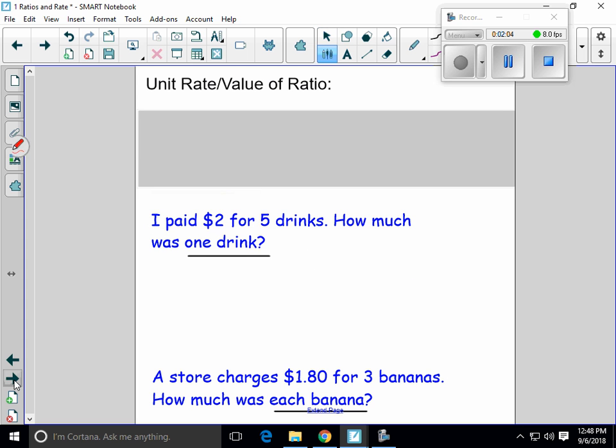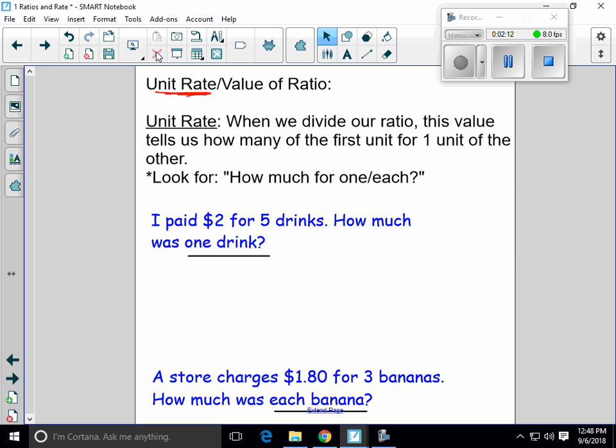Okay, let's talk about rate. Unit rate, also called the value sometimes. Take the time to copy this. Unit rate: we're going to divide our ratio, and what the value tells us is how many of the first unit for one of the second unit.